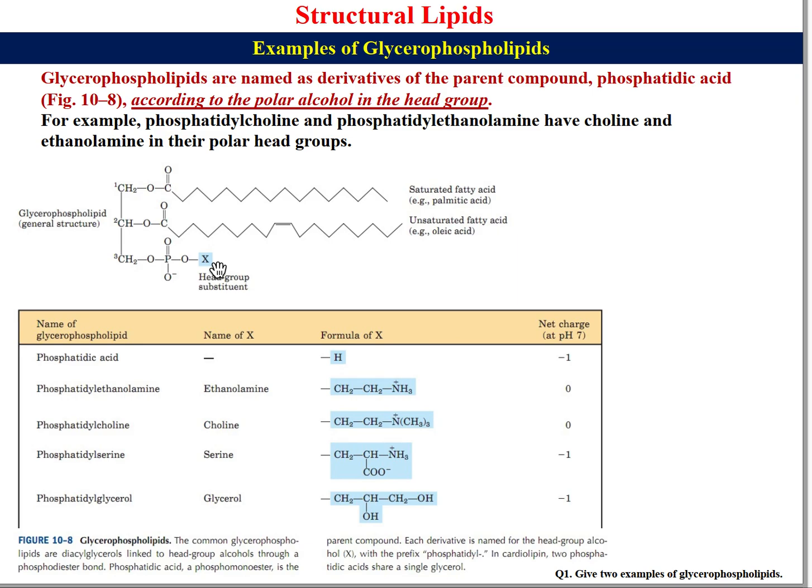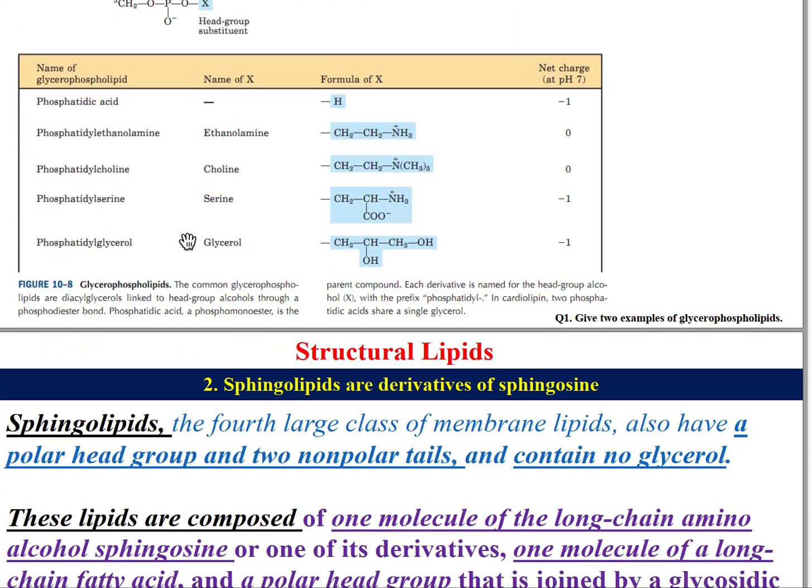For example, phosphatidylcholine and phosphatidylethanolamine have choline and ethanolamine at their polar head group. This is the X, and it will be replaced by those compounds. If X is replaced by H, it will be called phosphatidic acid. If X is replaced by ethanolamine, it will be called phosphatidylethanolamine. If it is replaced by choline, it will be called phosphatidylcholine, and so on.